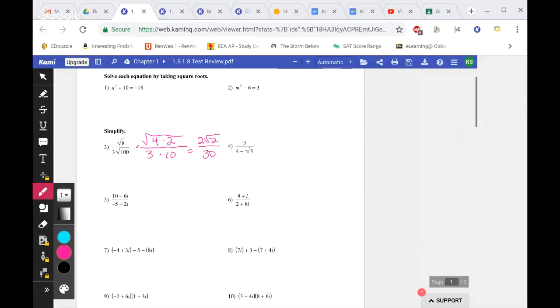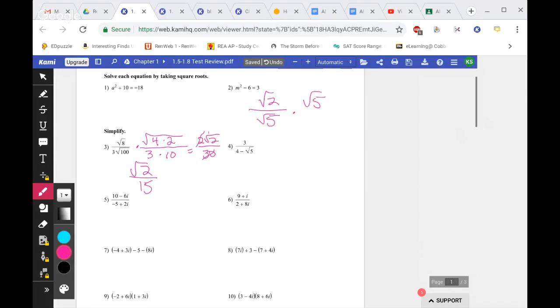Okay, so if it wasn't a perfect square, I would have to multiply the top and bottom by the radical. But since it is a perfect square, I don't. So that's one of those things where, let's say it was the square root of 2 over the square root of 5.